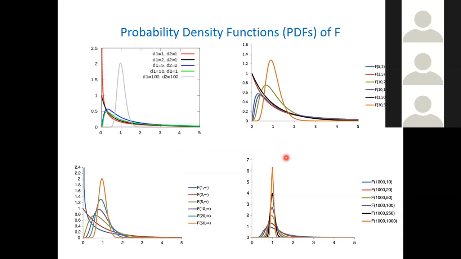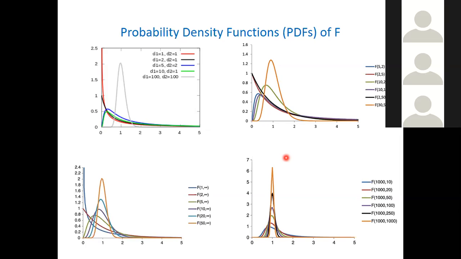Now, the F distribution has this in common with chi-square and T distribution. But there are some things that make the F distribution different from the chi-square and T distribution. One major difference is the degrees of freedom.